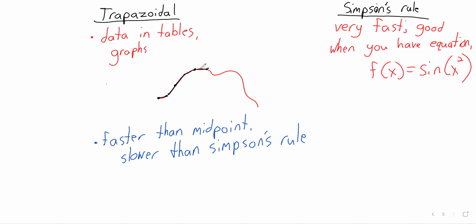What do I mean when I talk about these rules being fast or slow? I'm talking about numerical speed. Like if we want to use a computer to estimate an integral, how long is it going to take us?